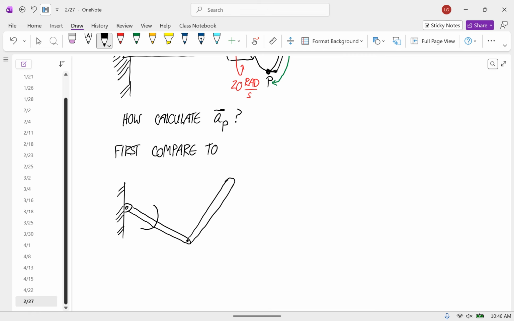And we're given that this has an angular velocity like that, and this has an angular velocity like that, and we want to calculate the acceleration of this P. So what's the fundamental difference between these two cases?